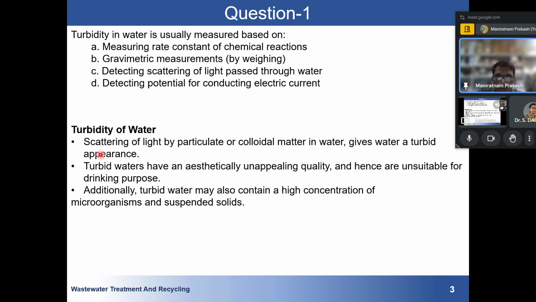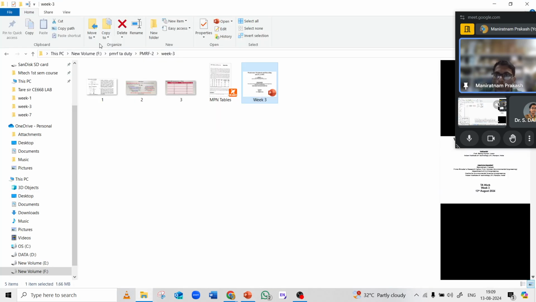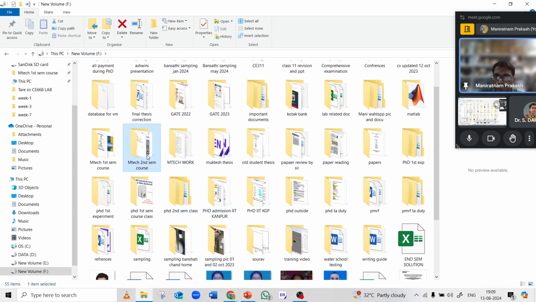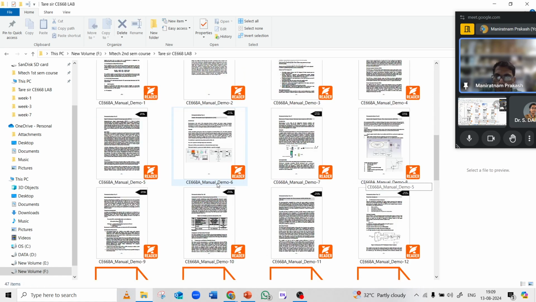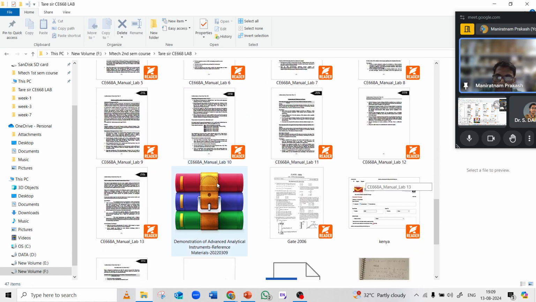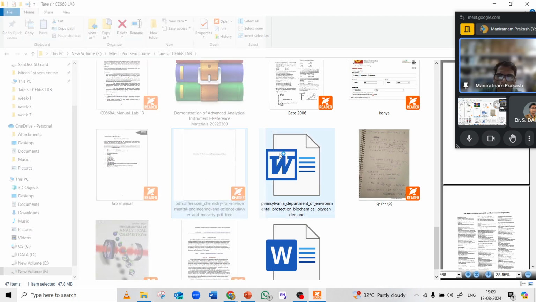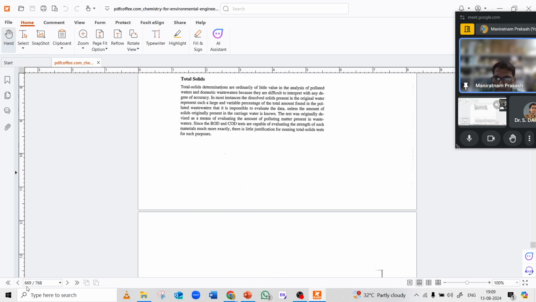The most standard book followed for wastewater treatment is Sawyer and McCarty. I will share the book PDF. Generally, I have seen at many IITs and many other laboratories, people use this book for wastewater characterization.